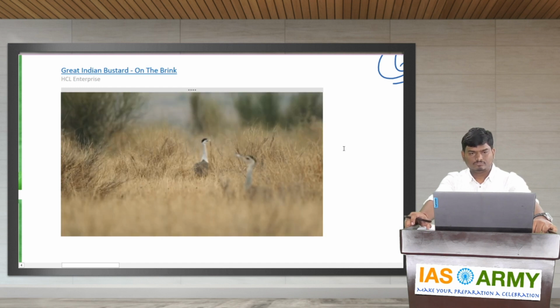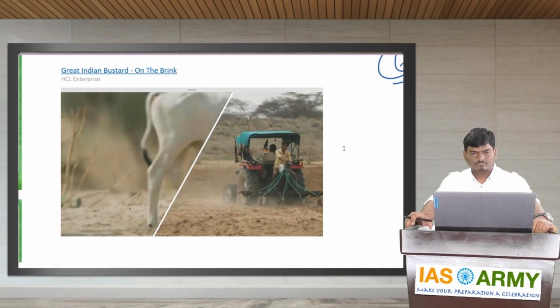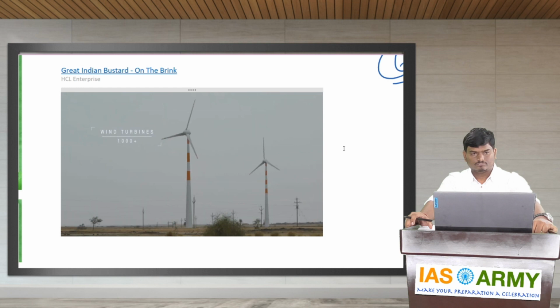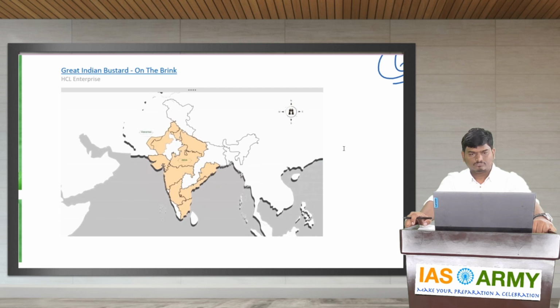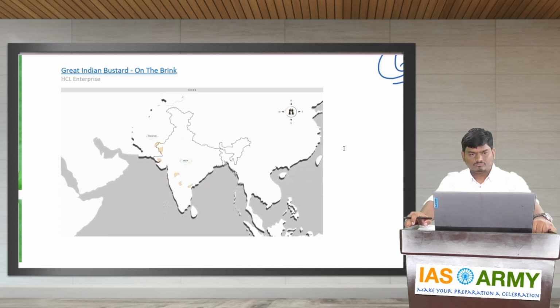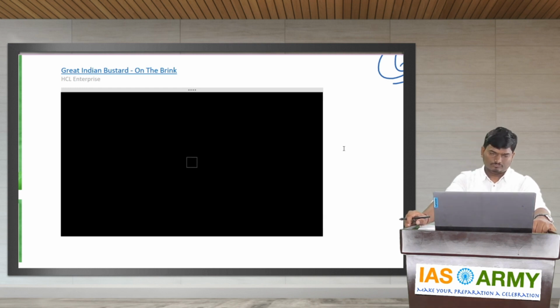The bustard today faces multiple threats: competition from livestock and changing use of its habitat. But the biggest threat comes from wind turbines and power lines. The Great Indian Bustard's home range has shrunk to 10% of the original in just the last decade. There are only 150 critically endangered individuals left today in the wild.